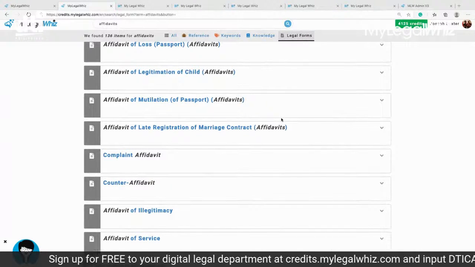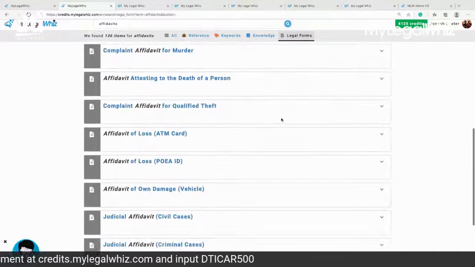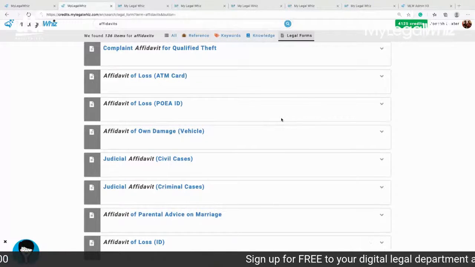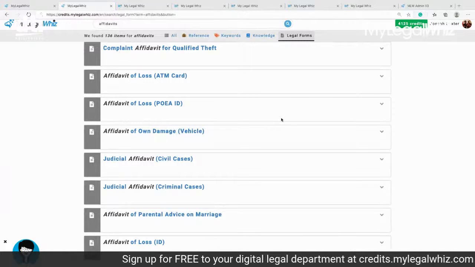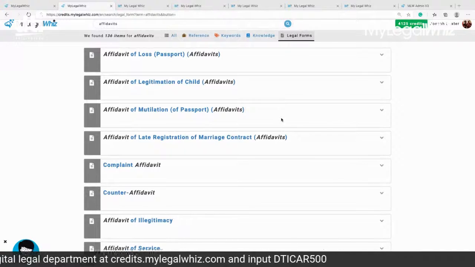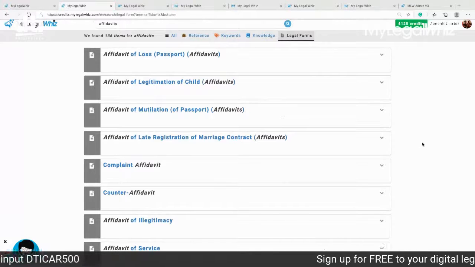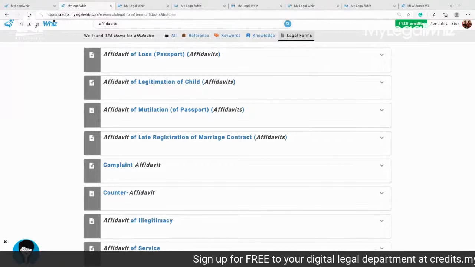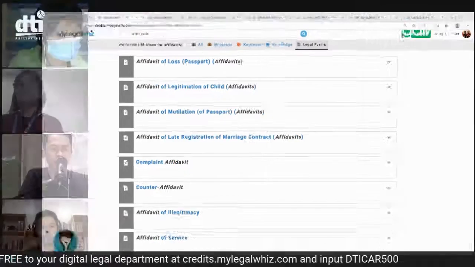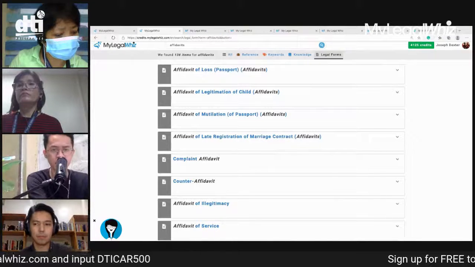Kasi yung mga lawyers naman po natin, their desire is really to help as many people as they can. If you have a tool like this, it just helps lawyers talaga to educate especially the masses po, when it comes to legal concerns, business, taxation, just personal concerns. So it's not something that we use to replace lawyers.